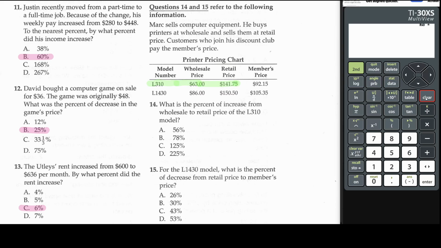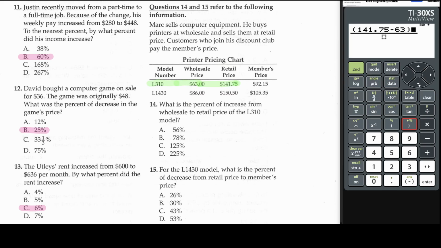It says, what is the percent of increase from wholesale to retail price of the L310 model? Okay, now I need to press N/D key. Now parentheses, I need to write 141.75 minus $63, close the parentheses.